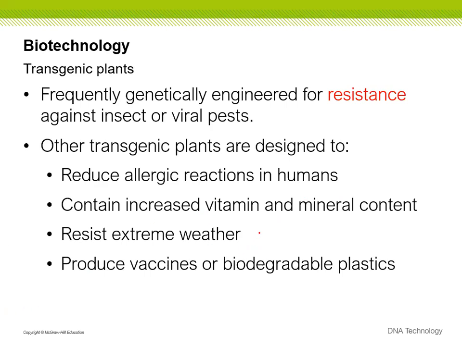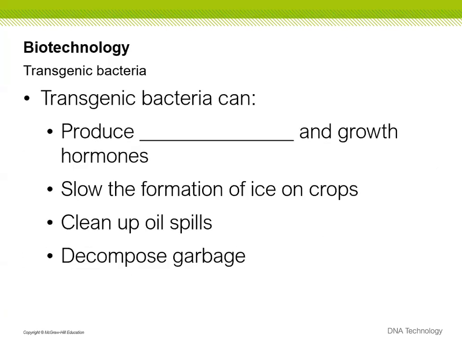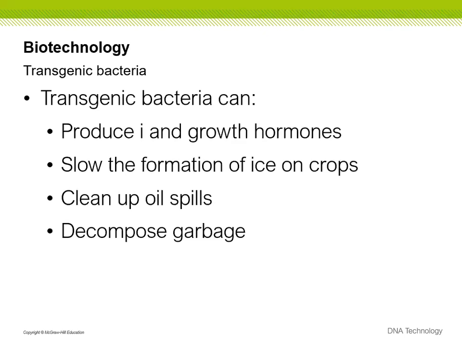And then finally, what do we use bacteria for? Bacteria can be used to create insulin and growth hormones. We used to get insulin back in the day by killing dogs. That's how early insulin was acquired. Now we can synthesize it. This is one of the ways how. We can try and prevent ice on crops.